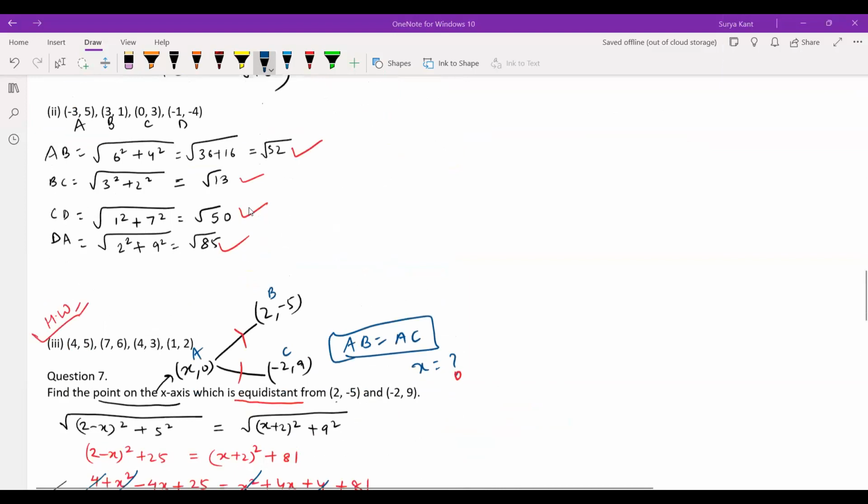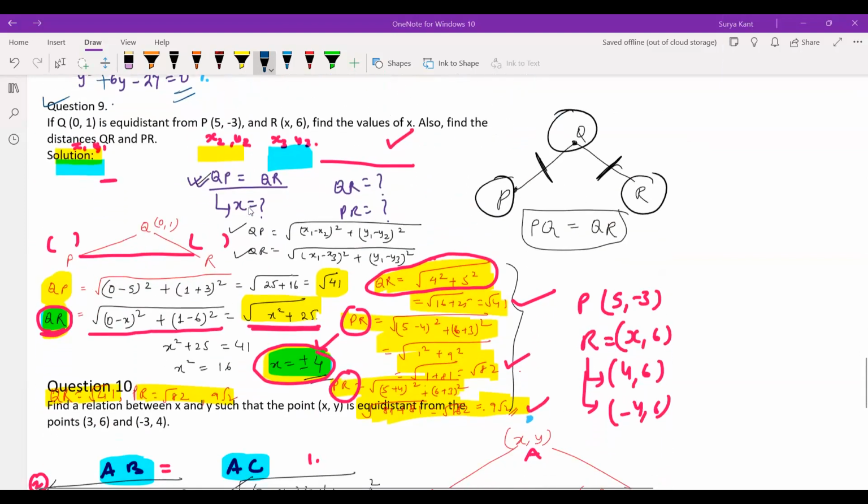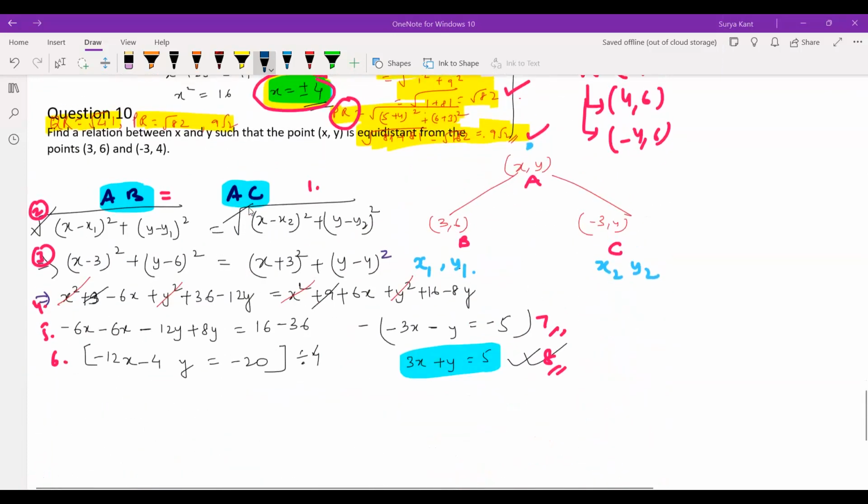So question numbers 7 and 8 we have done. Question numbers 9 and 10. Question number 10 is a bit different. Who has done question number 10?